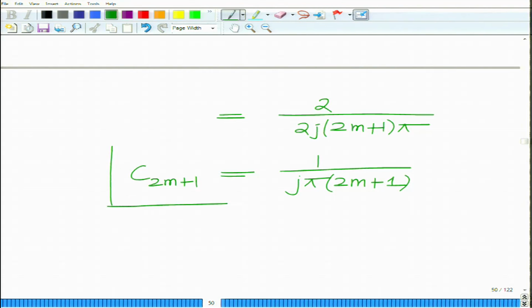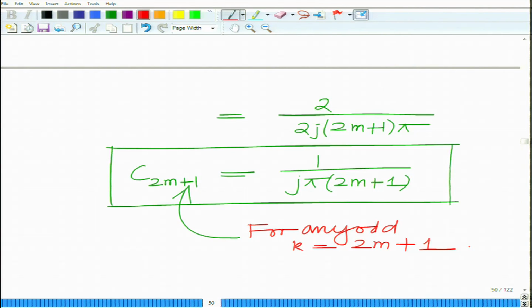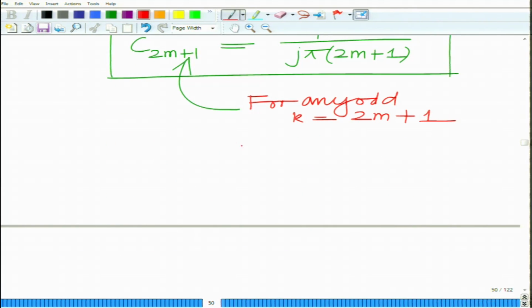Therefore, for any odd k equal to 2m plus 1, C of k is 1 over j pi times (2m plus 1). So, for even k it is 0, and for odd k it is 1 over j pi (2m plus 1).